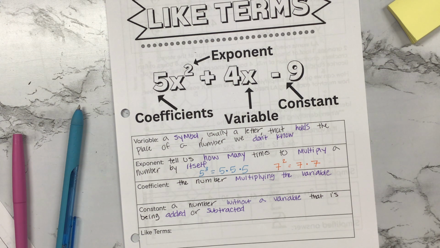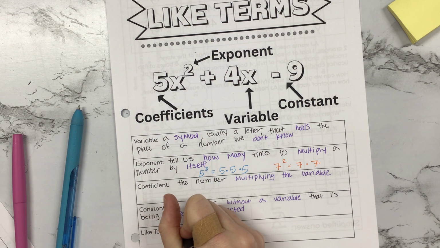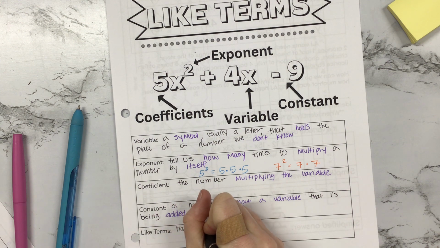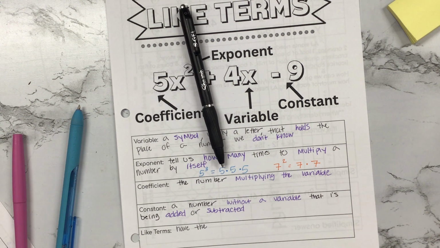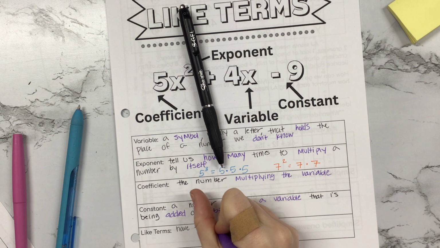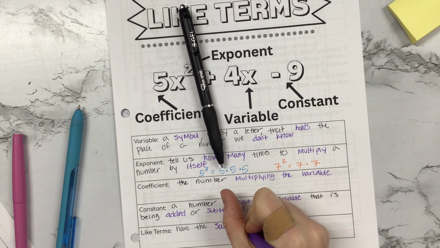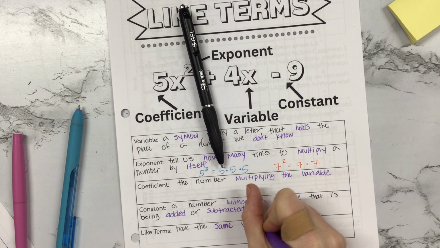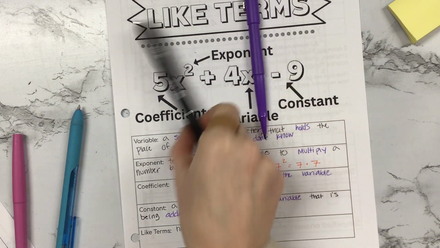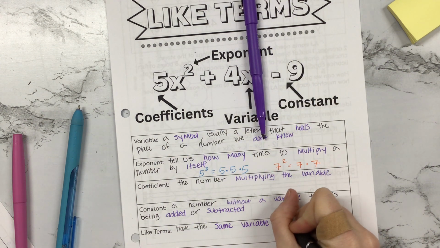So we can group like terms, okay? So to be a like term, it has to have the same variable. So it has to have the same letter, so same variable, and exponent.